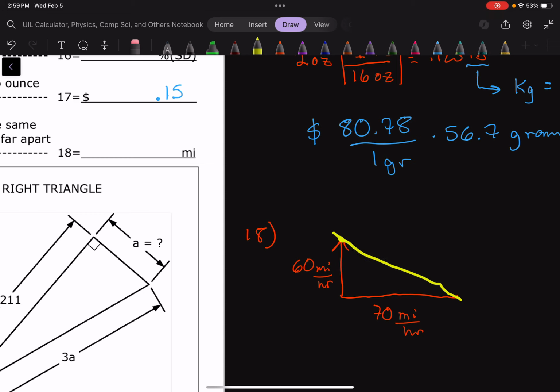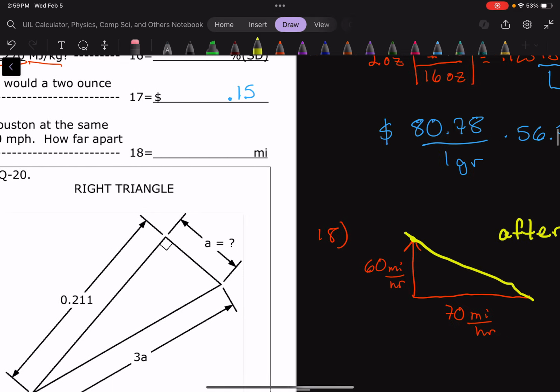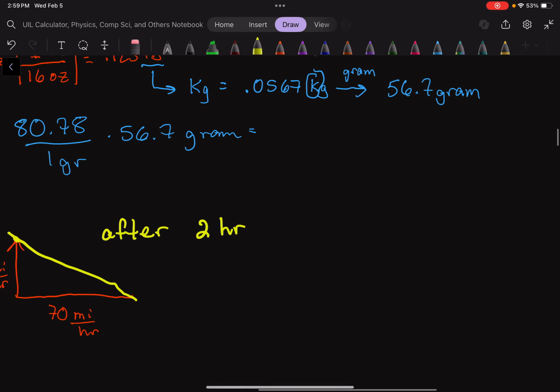Well, we're going to need to find out how much each of these traveled after 2 hours. And I think they said 19 minutes. Yeah, 19 minutes. So we're going to want to convert that to hours. And I believe that comes out to 2.32 hours.